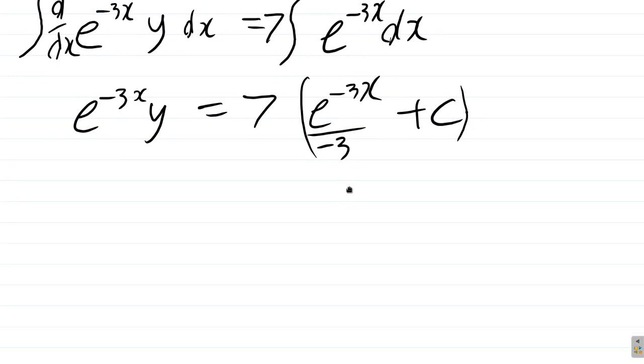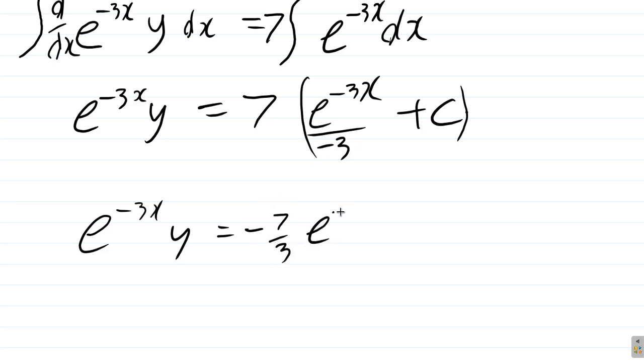so we have e to the negative 3x times y is equal to, well, this now would be 7 over 3, or negative 7 over 3, e to the negative 3x plus 7c.